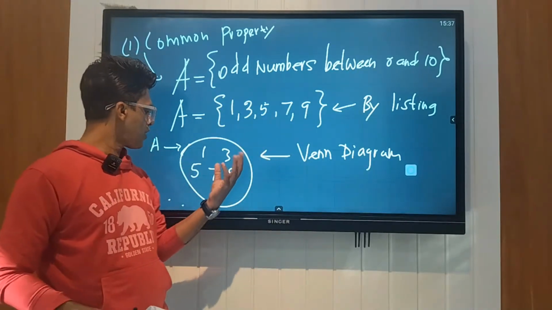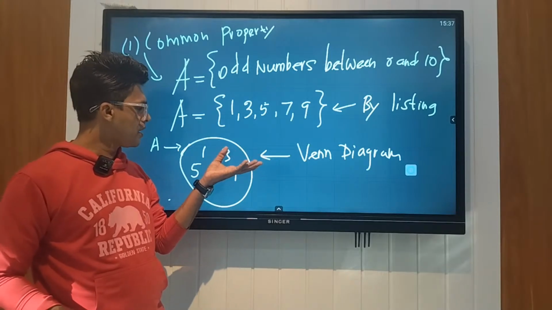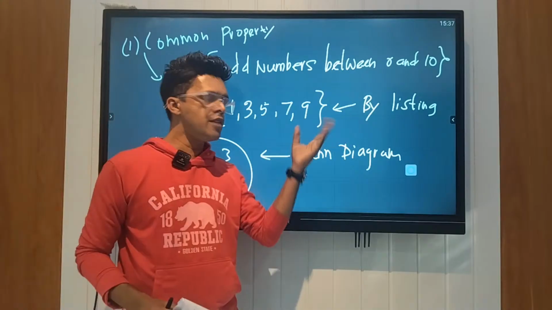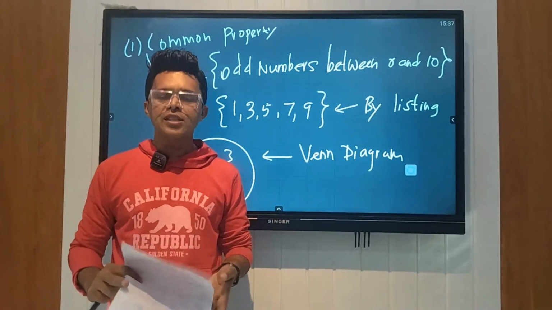And a Venn diagram enters these elements in a circle. Okay, these are the three ways of writing sets.